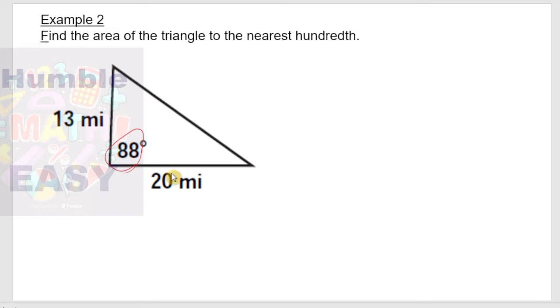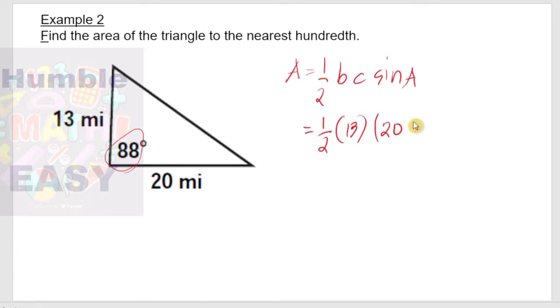It seems that the given angle is in between, and that is the included angle to the two given sides. Therefore, we can make use of the formula 1/2 BC sine A.